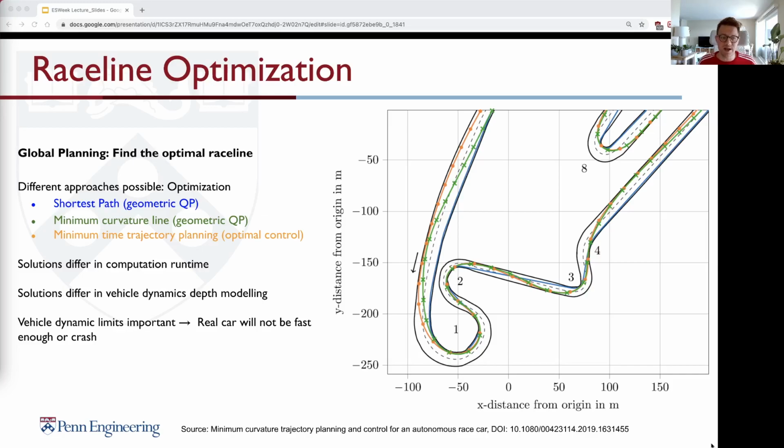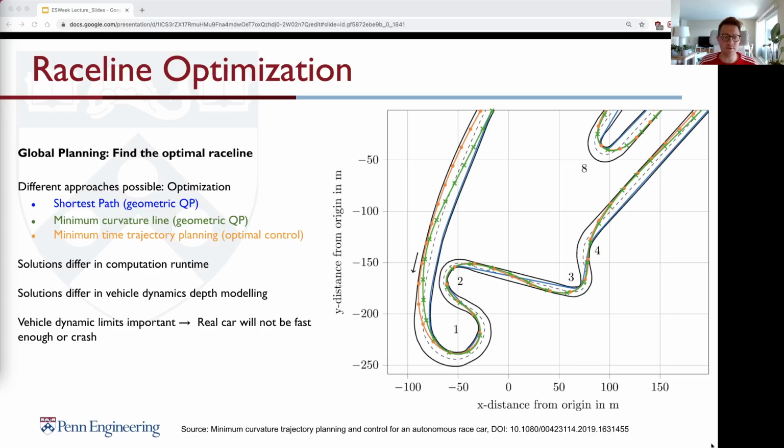When we're talking about race cars, we don't want the shortest travel, because we want to travel as fast as possible. Therefore, the second solution is the so-called minimum curvature optimization. This is shown here in green. What we do here is create an optimization problem that tries to minimize the curvature of the car, which means you minimize the steering input and you optimize regarding an optimal curvature profile, which means not many changes in the curvature, a steady increase of the curvature and then a steady decrease of the curvature.